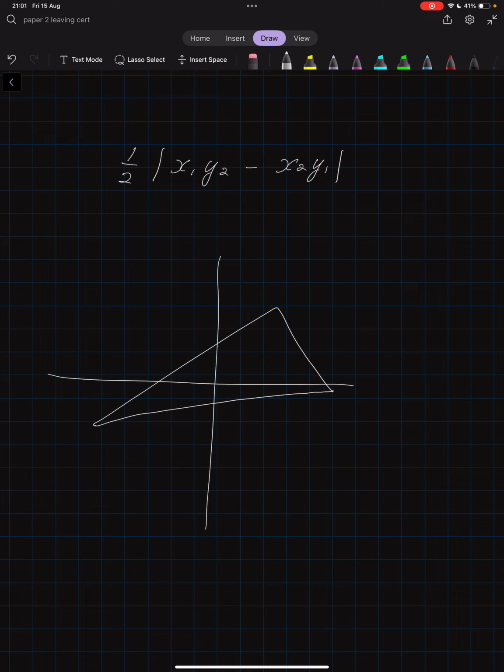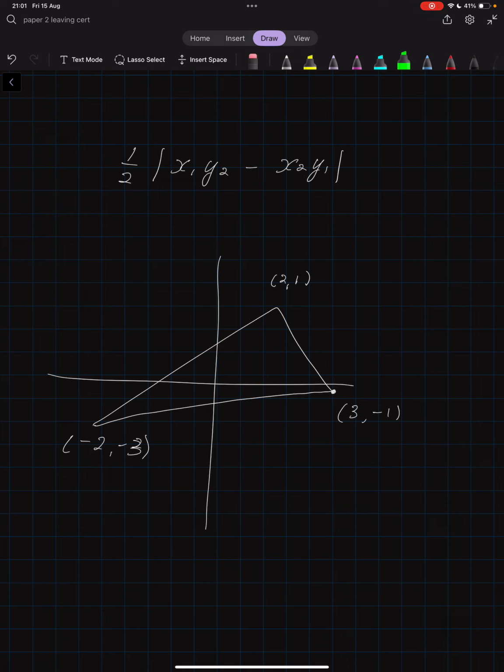And then I'll tell you, okay, this point, say it's 3, minus 1. This point is 2, 1. This point is minus 2, minus 3. And you'll sit there and you'll say, okay, I have x1, y1, and I have x2, y2.